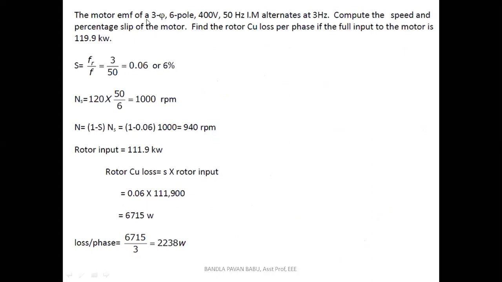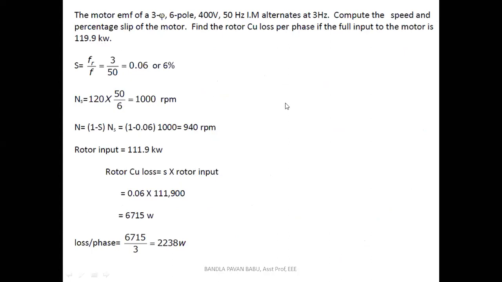The motor EMF of a 3-phase 6-pole 400 volts 50 hertz induction motor alternates at 3 hertz. Compute the speed and percentage slip of the motor. Find the rotor copper losses per phase if the full input to the motor is 119.9 kilowatts.